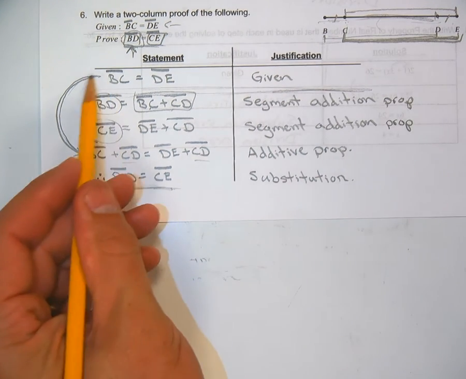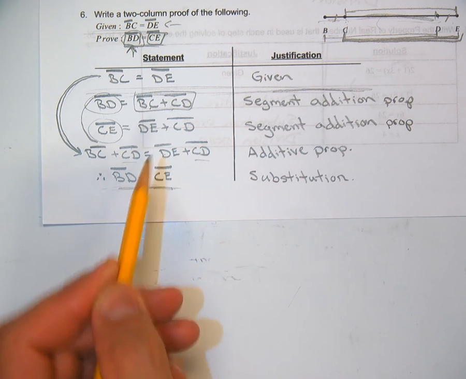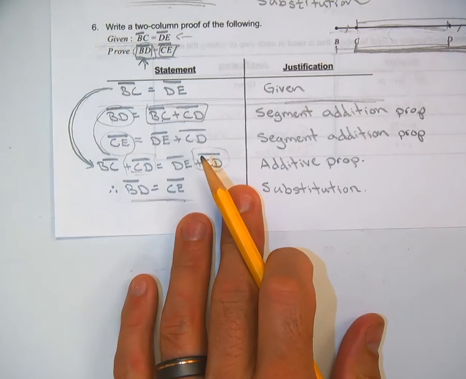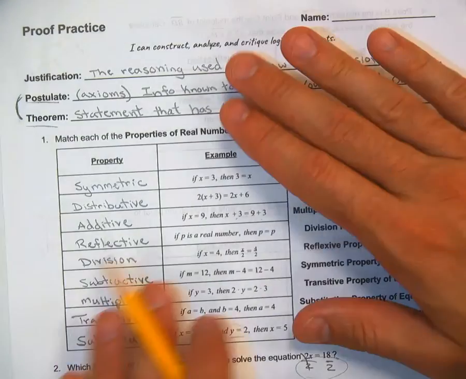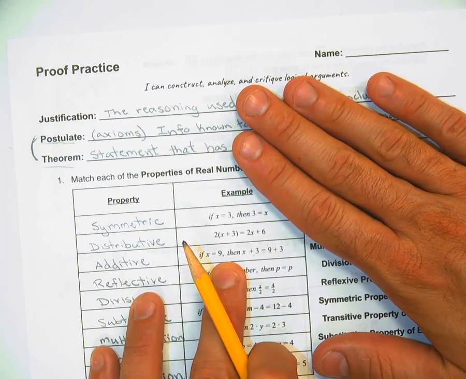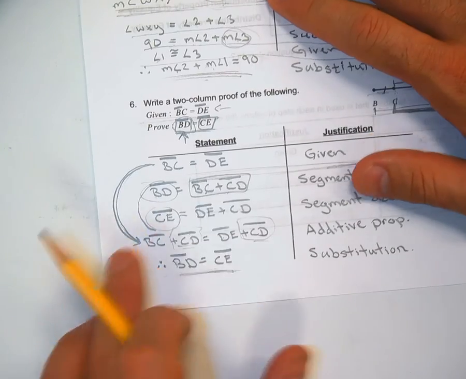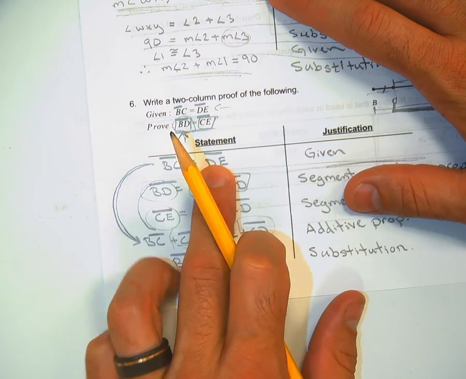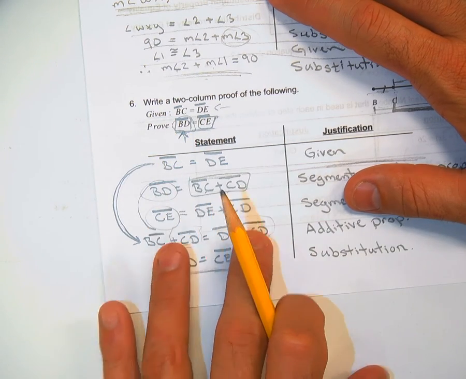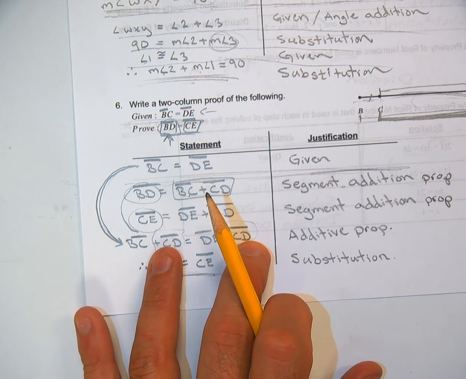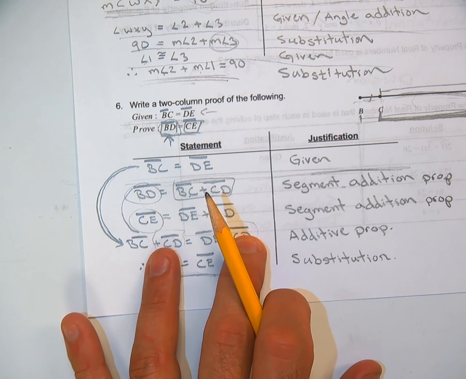So what I did is I took the original statement, BC equals DE, and I added CD onto both of them. Just like when we were looking at the other side, and on the additive part where I had x equals 9, and I said I can add a 3 onto both of those, I took this BC and DE and rewrote that down here and I added CD because I know CD is the same on both sides. I can add it to both sides.